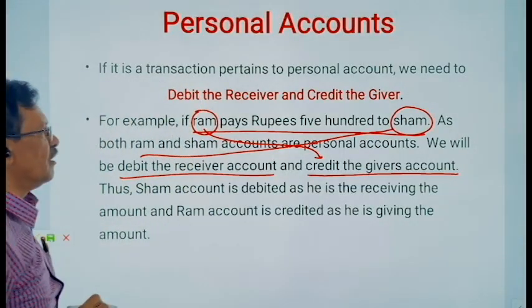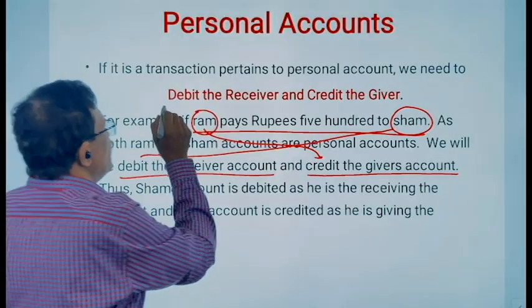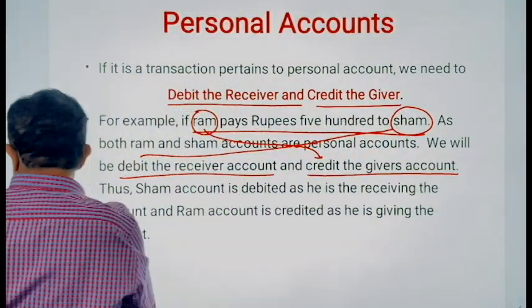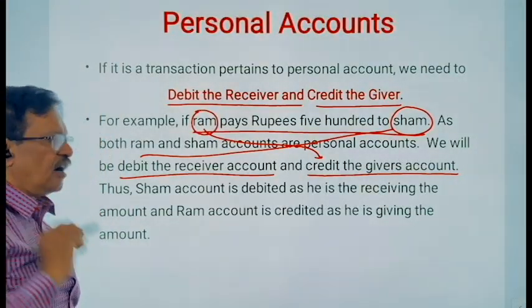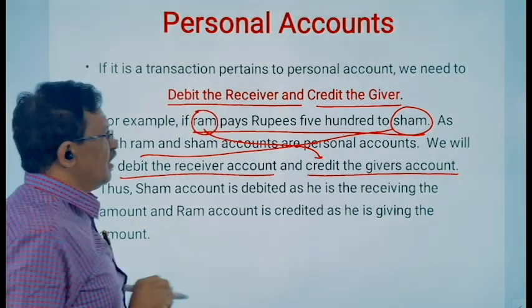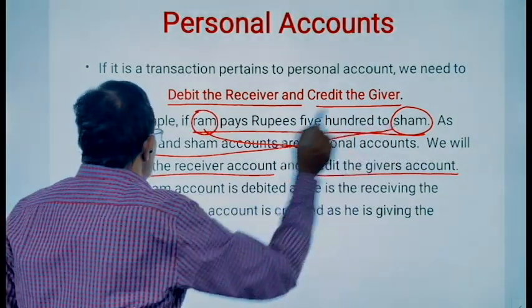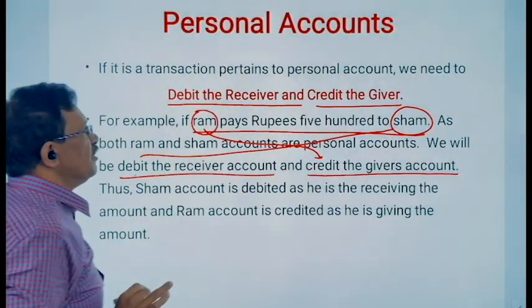Let me repeat. In the case of personal accounts, we have to debit the receiver and credit the giver. If such is the case, we have to identify who is receiving and who is paying. The receiver account has to be debited as per this particular definition.